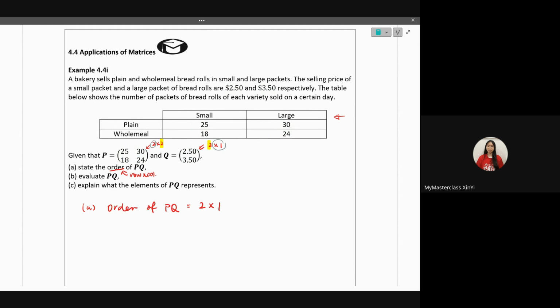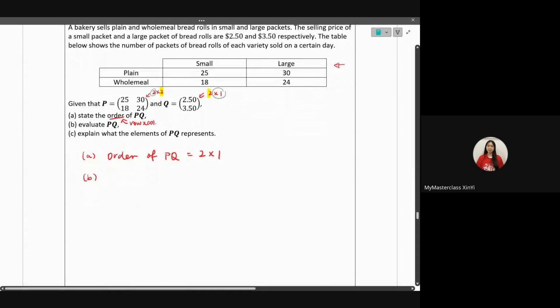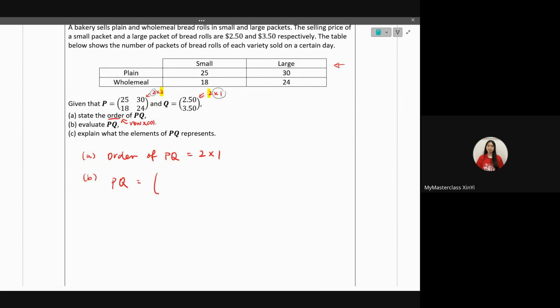Now for part B, evaluate PQ. Basically, find the matrix multiplication of PQ. First write down PQ equals 25, 30, 18, 24 times Q, which is 250, 350. Doing your matrix multiplication, it should be a 2 by 1 matrix.